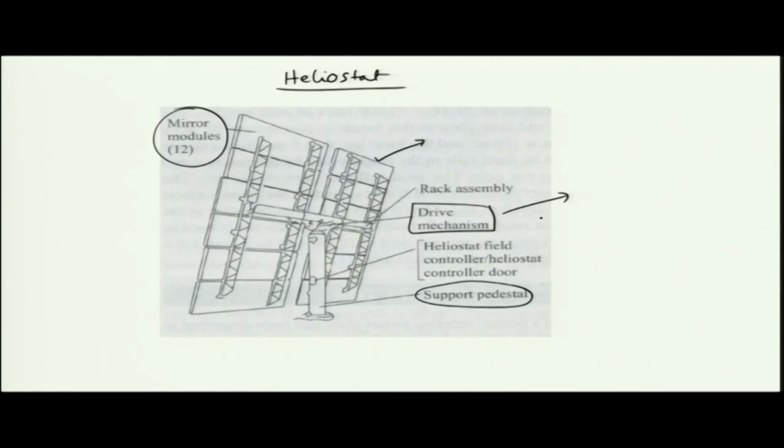So, what does this drive mechanism do? It allows two axis tracking of the sun. Of course, it is automated; depending on the location of the sun, it orients itself so that it reflects properly to the receiver tower.